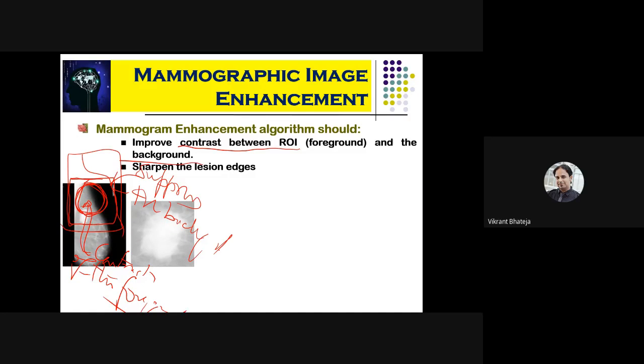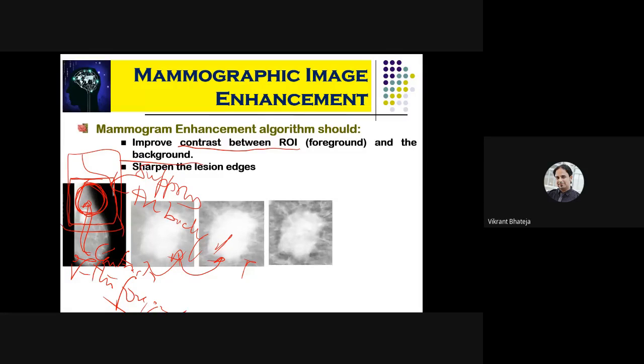If you see this regular image, this particular region of interest has been extracted. If you apply a conventional algorithm to it and compare these two images, there is not much change. So this is the original image, and this is the outcome of a conventional image processing algorithm.